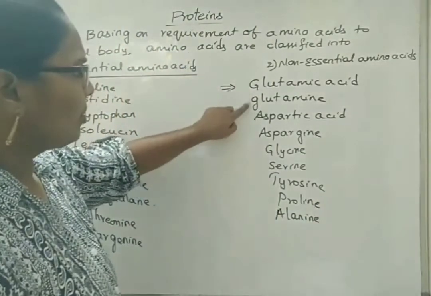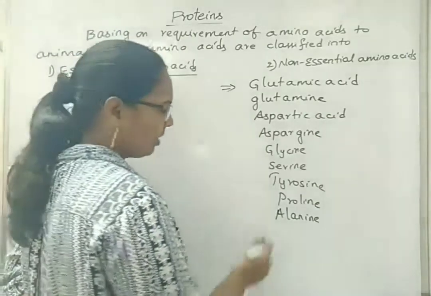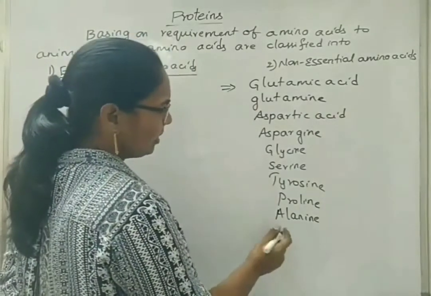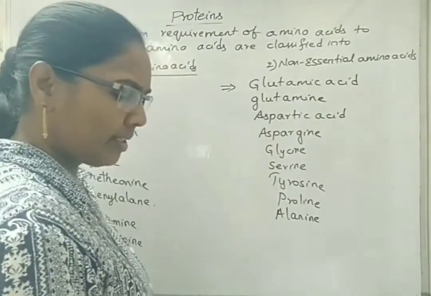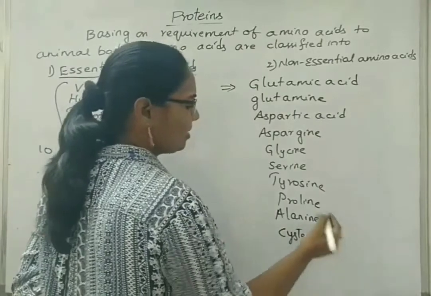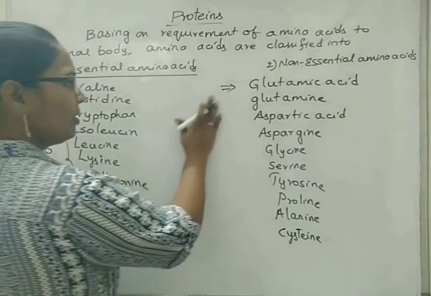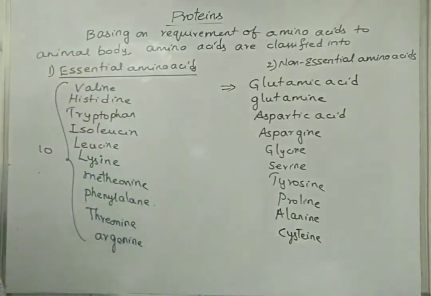So we have listed 1, 2, 3, 4, 5, 6, 7, 8, 9. One more thing is there: serine, glycine, proline, alanine I have written, aspartic acid too, but cysteine we did not mention. Cysteine is a sulfur containing amino acid. So these are non-essential amino acids and those are essential amino acids.